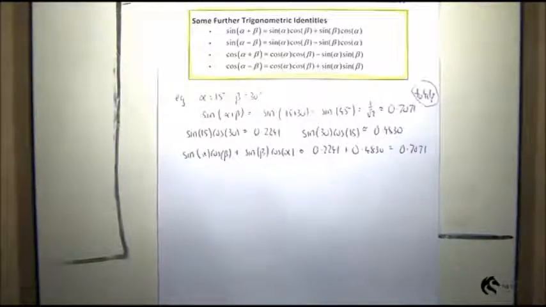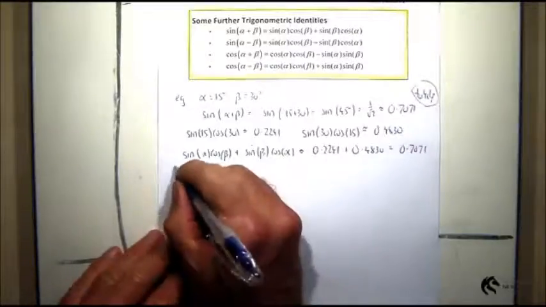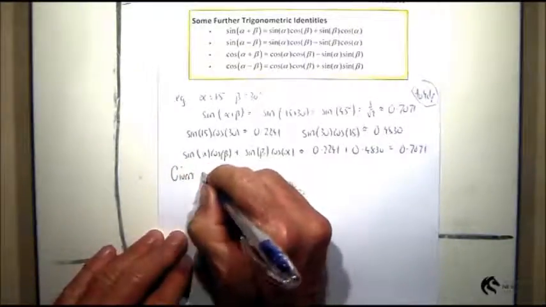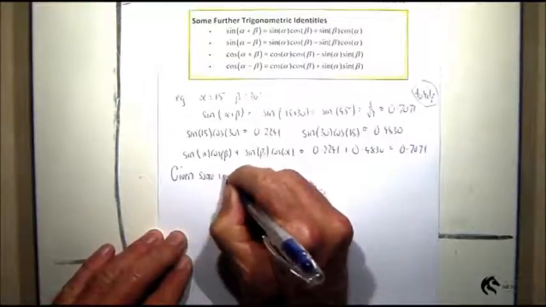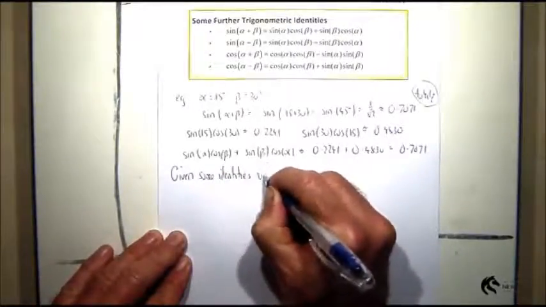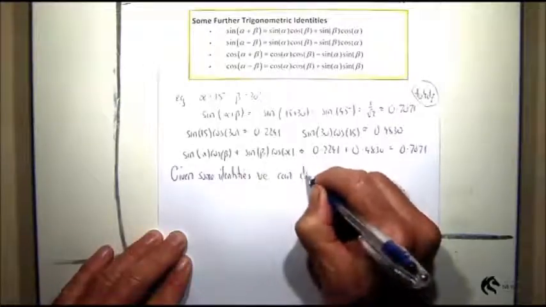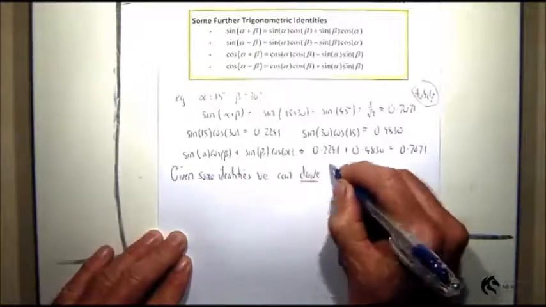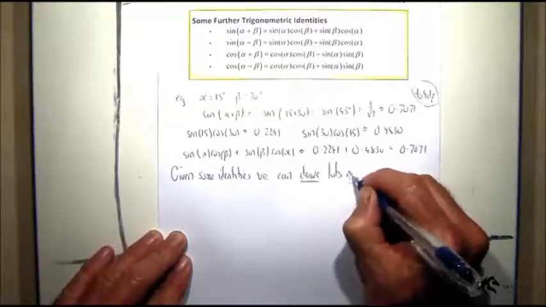Now, given these trig identities and the ones we had before, we can derive lots of others. So given some identities, we can derive lots more.